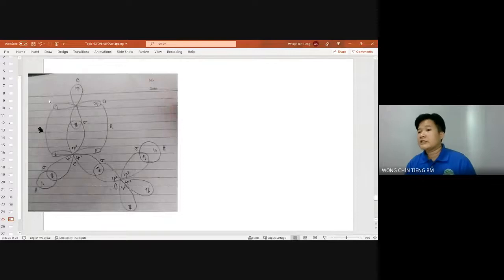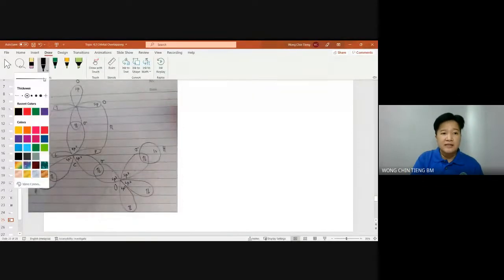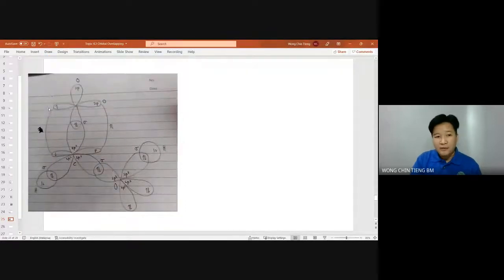Okay. Cara nak explain, kita akan mula dengan central atom kita. Start with your carbon atom, central atom. First thing, cerita setiap central atom. Carbon has 3 sp2 hybridized orbital. Okay. In trigonal planar.